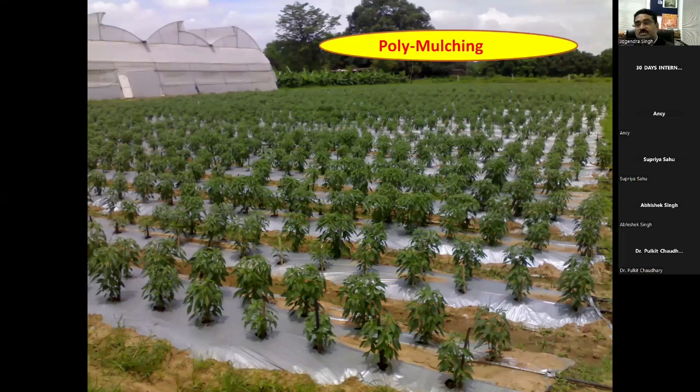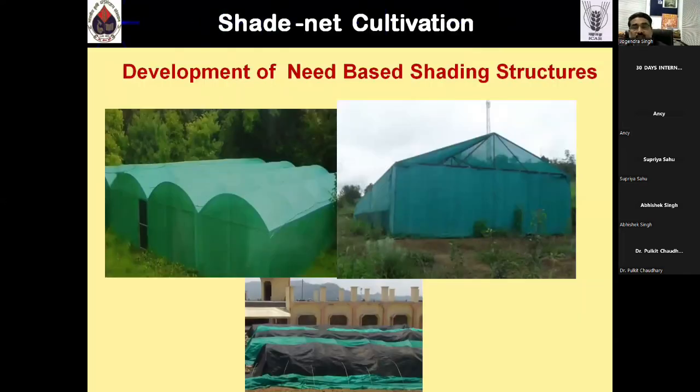So you can see here, mulching technology is free from weed incidence, conserves moisture, and nutrient uptake is more in rain-fed areas, hill areas, and other areas. Saving soil erosion is also a good character of mulching technology.